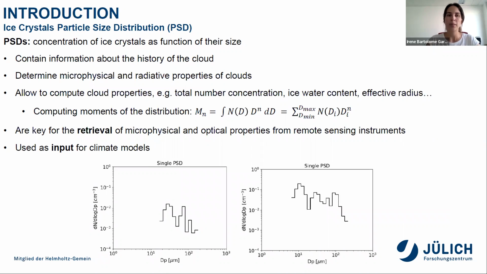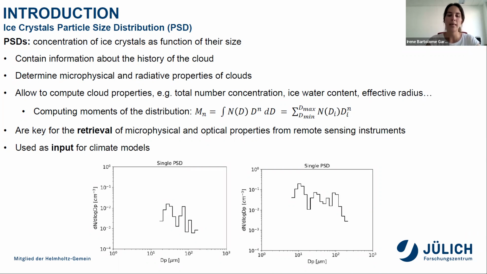PSDs, also called particle size distributions, are the concentration of ice crystals as a function of their size. Here in the lower part, you can see two examples of single PSDs, where the vertical axis is the concentration and the horizontal axis is the size. PSDs are fundamental for understanding clouds because they contain information about the history of the cloud.